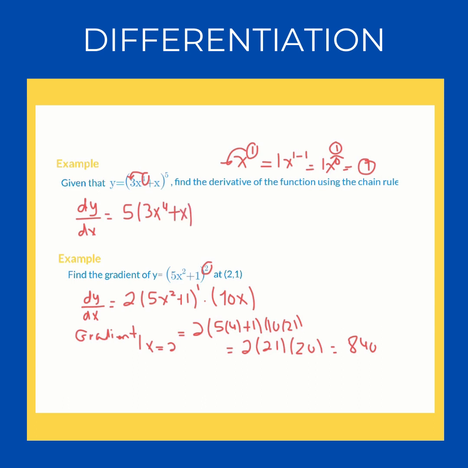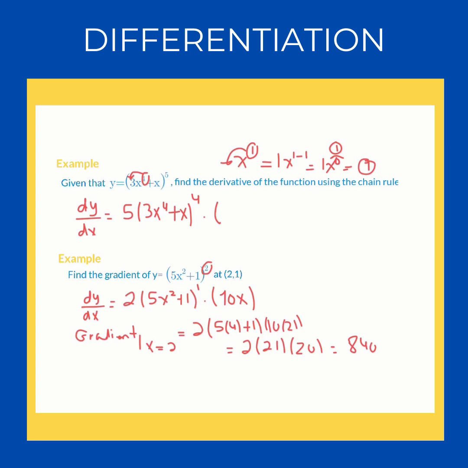Then I need to subtract 1 from the power, so it becomes 5 minus 1, which is 4, times the derivative of the inside function, which is 3x to the power of 4 plus x. So I need to find the derivative of 3x to the power of 4 and the derivative of x.